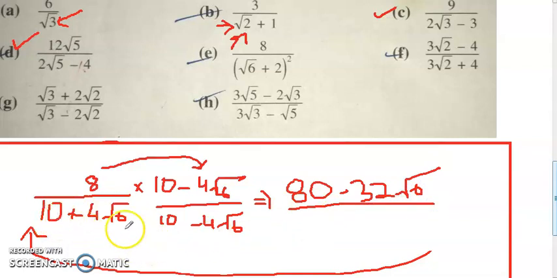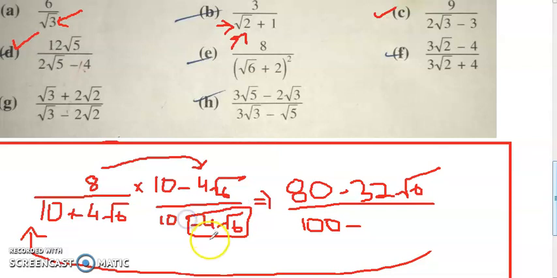Now the value which is the third identity should be a square minus b square, right? A square, which is 10 square, will be 100 minus b square. Now b is 4 under root 6.